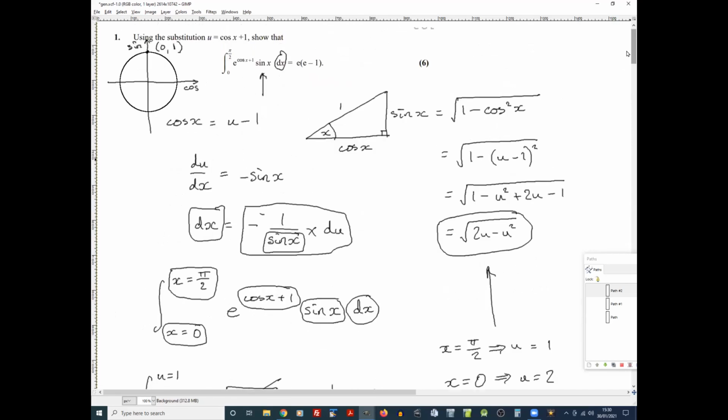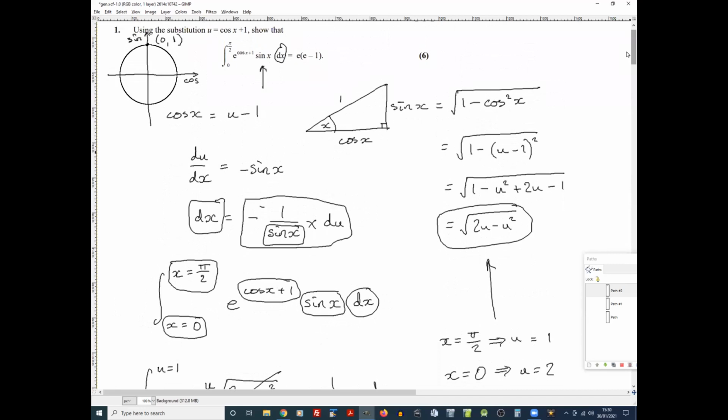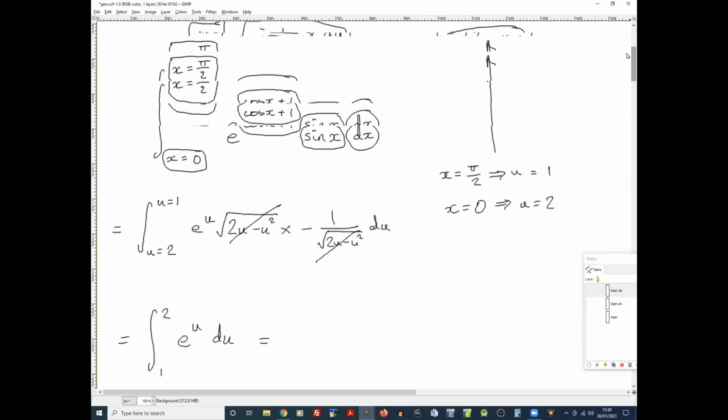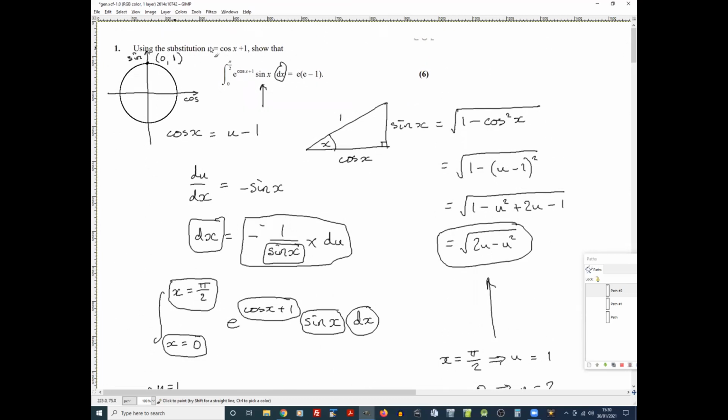So let's do the quick version. Well, except that it's not really the quick version. The whole thing is overkill. Using the substitution, I mean, why? You should do that by inspection, really. That's not a good example of a u substitution because it's completely pointless. You should look at that and think, there's a product where one part of the product is the derivative of the inner function of the other, which is a composite.